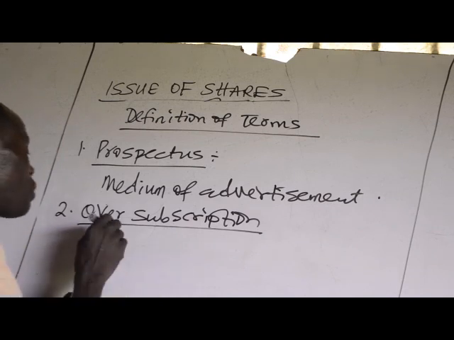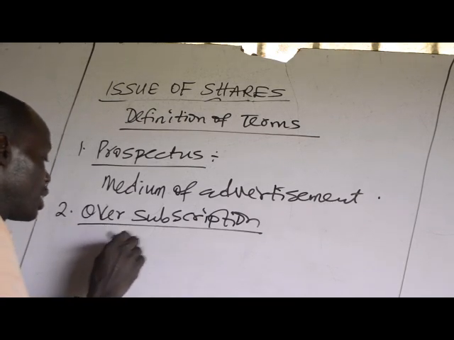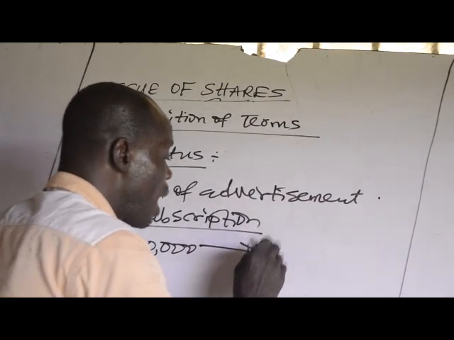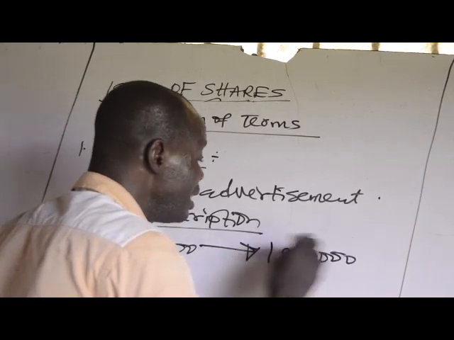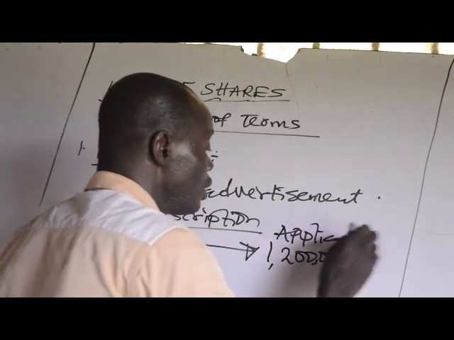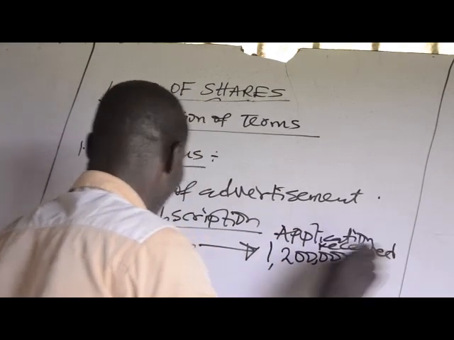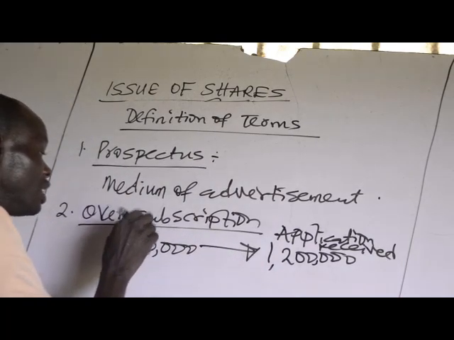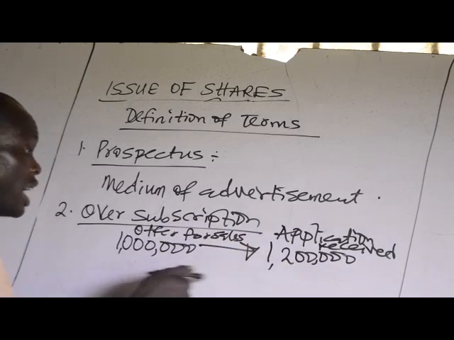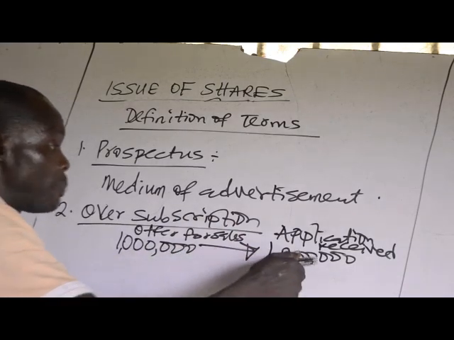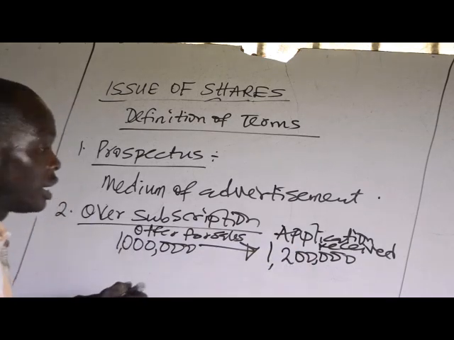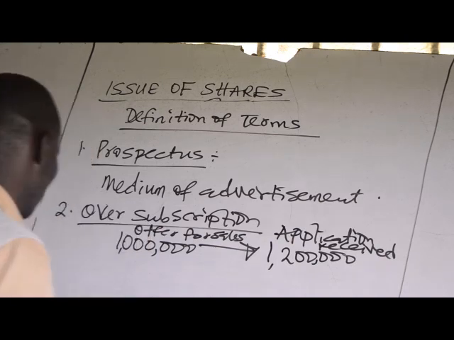If a company offers 1 million shares for sale and receives applications for 1.2 million, that means the number of applications received is more than the number of shares offered for sale. That is oversubscription.